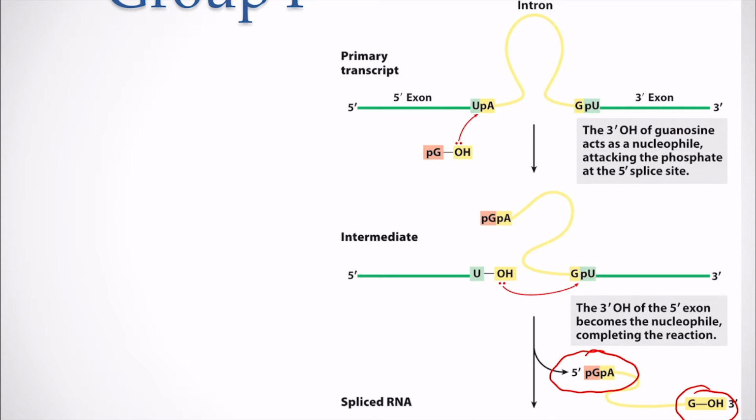And this brings together those 2 exons, and they're able to come together and form a bond. The intron will be degraded. And again, this is a very simple splicing out of introns that is done with no energy required.